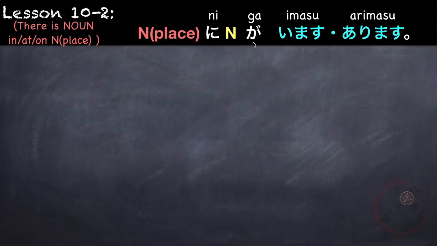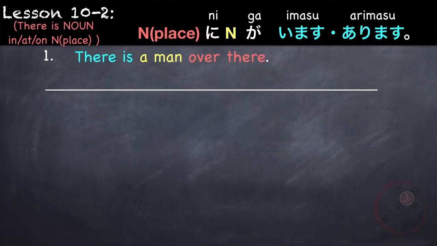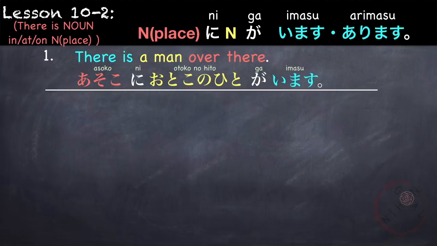Noun がいます or あります. For example, there is a man over there. Over there is あそこ, followed by the particle ni and our noun 男の人, and then がいます. あそこに男の人がいます.